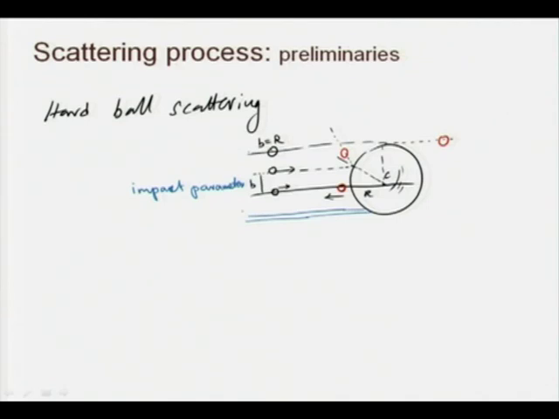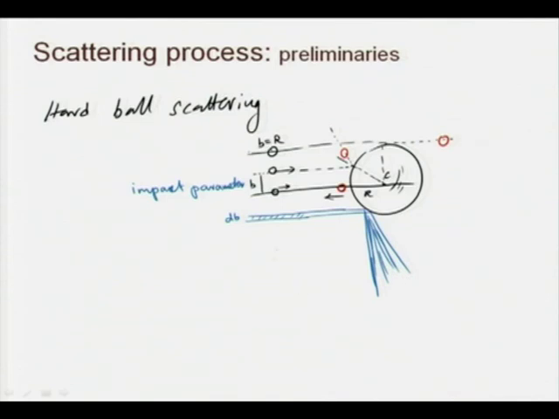So, if I consider a small section of that beam denoted by this dB, I am not indicating the individual balls, but many small balls are there in this blue band, and you see that they will reflect as a result of scattering and then come out at some angles.